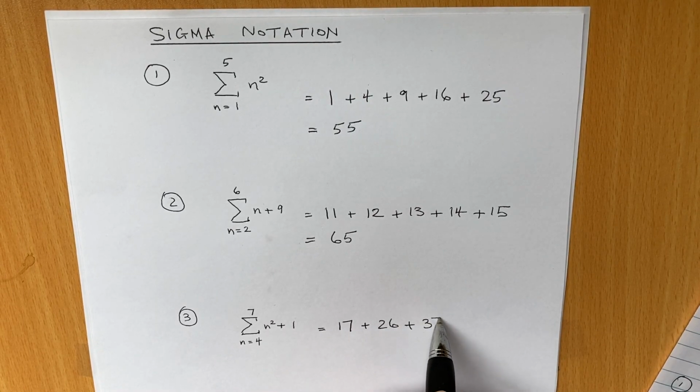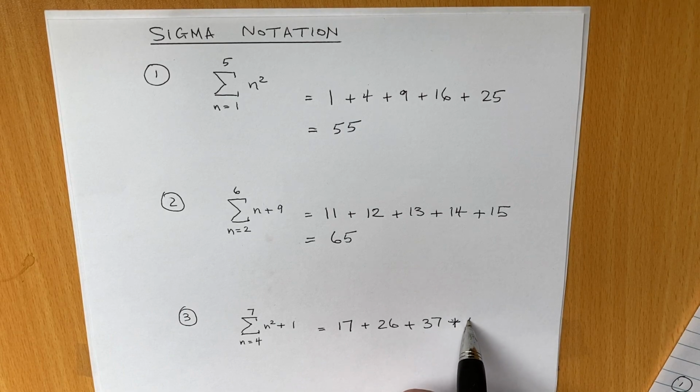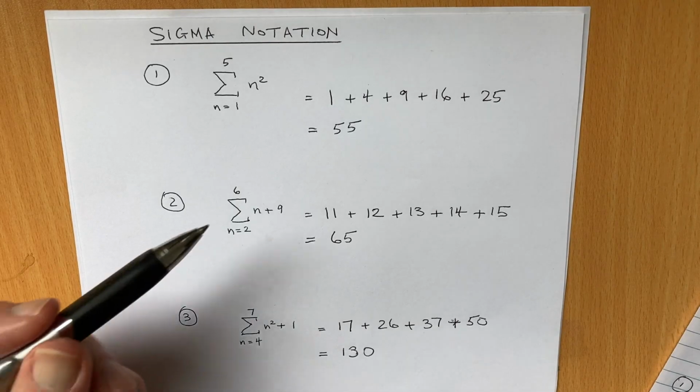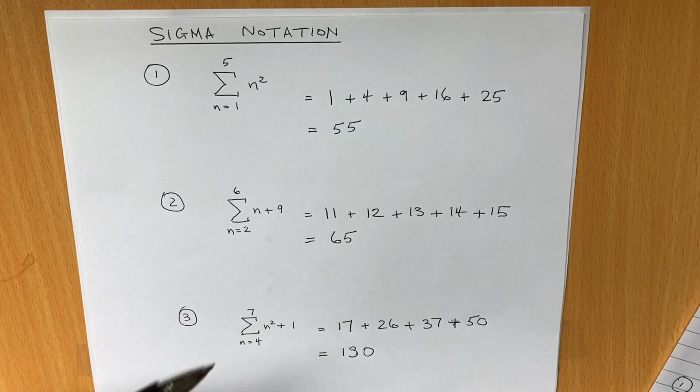And if n is 6, then we get 36 plus 1 is 37, and finally 7 sevens are 49 plus 1 is 50. And so the total comes to 130. So those are a few examples of how sigma notation works, and that's all you have to know.